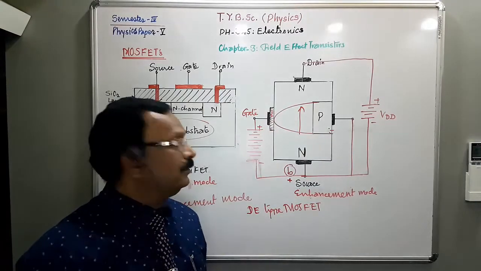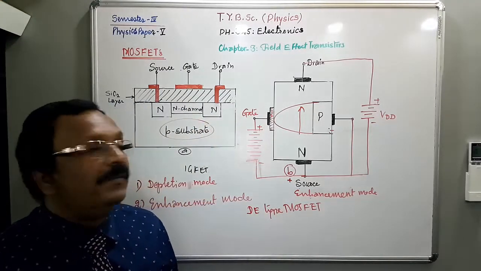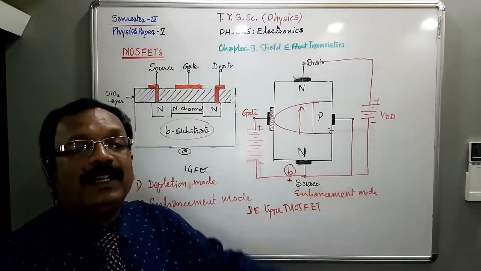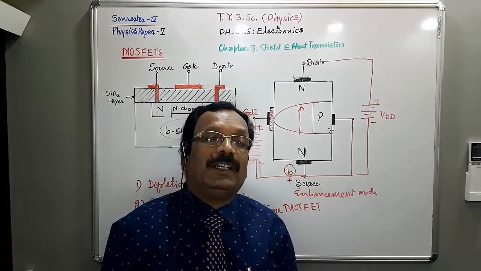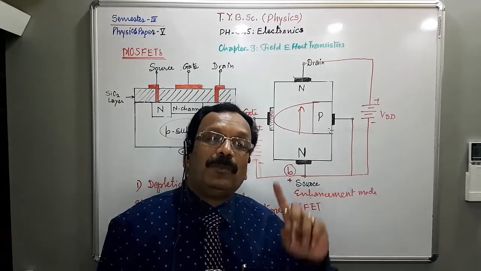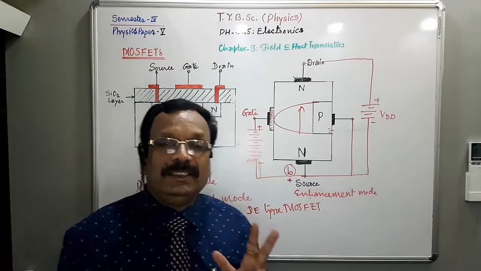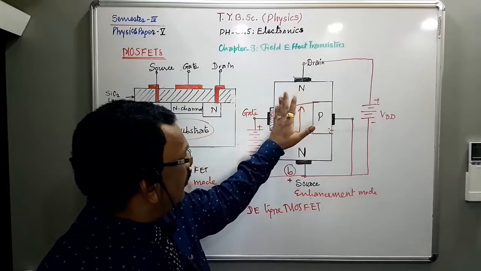See here how this depletion type N channel MOSFET works in enhancement mode. First of all, we have to understand the working principle. The working principle of this MOSFET can be explained easily.